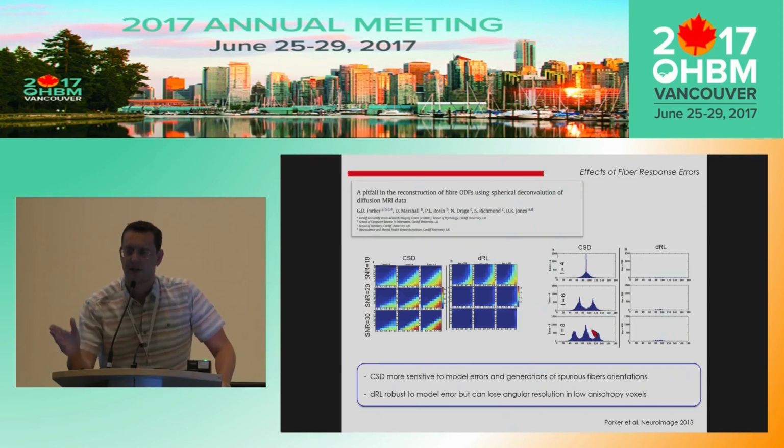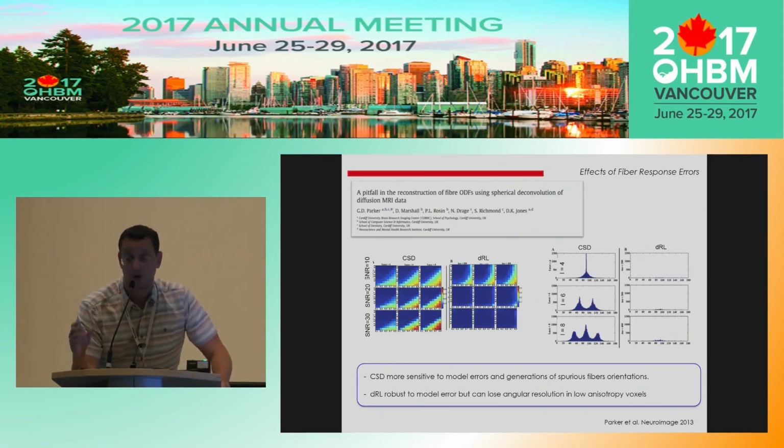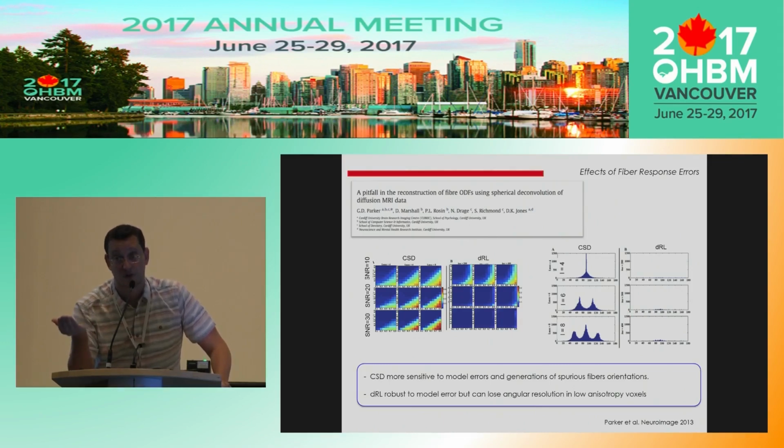This is a systematic error from CSD because the model is very sensitive to error in the fiber response. On the contrary, Richardson-Lucy doesn't have this problem, so it's not generating false directions, but it gives you a more blurred profile. So we are going to lose something else: we lose angular resolution, so we are going to resolve fewer crossings. That's the trade-off here.